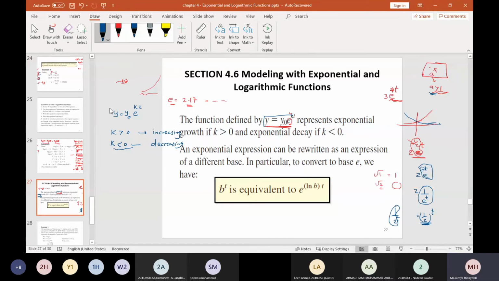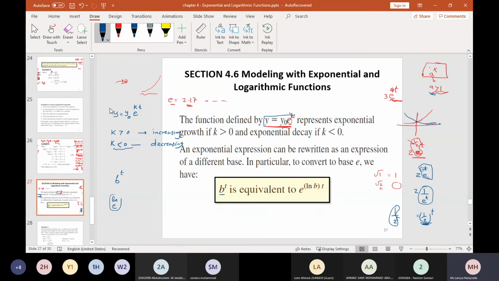Okay, another thing he mentioned here: we knew that if we have a base, we can change the base to another base. How? If I have my function with base b to any exponent t, we know that there are two operations that are the inverse of each other, which are e and ln, the log to the base e.